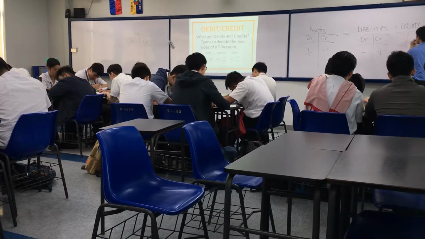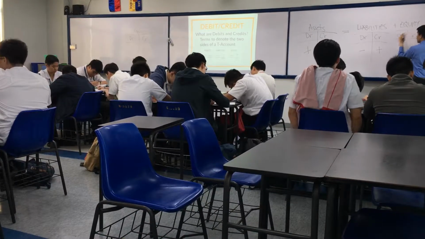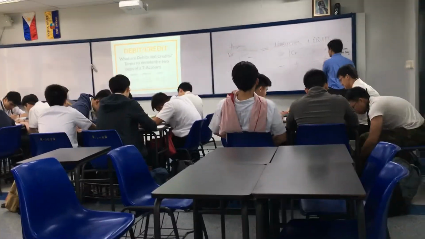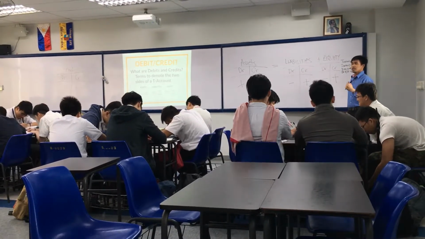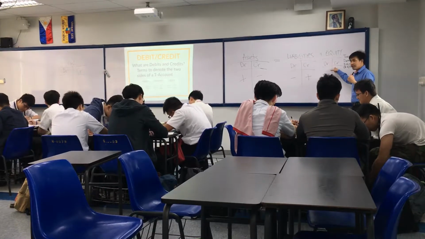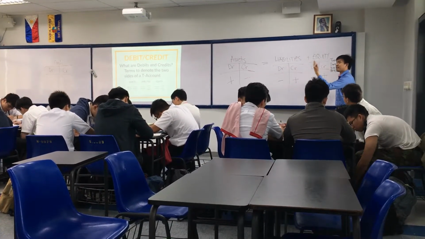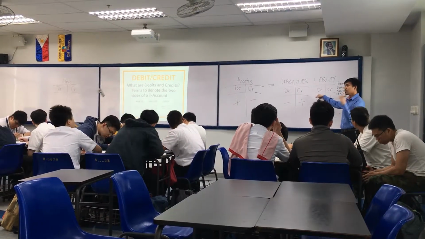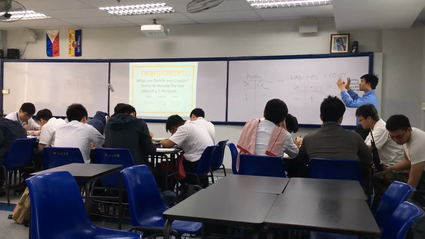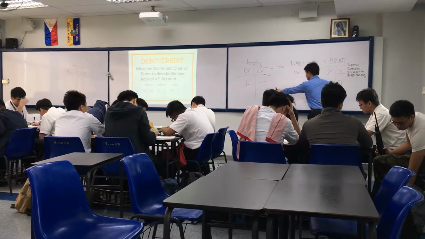Similarly, for equity, you credit it if there's an increase, you debit if there's a decrease. So if you gain capital, you credit it. If you have an expense, since it is a loss, you debit it.